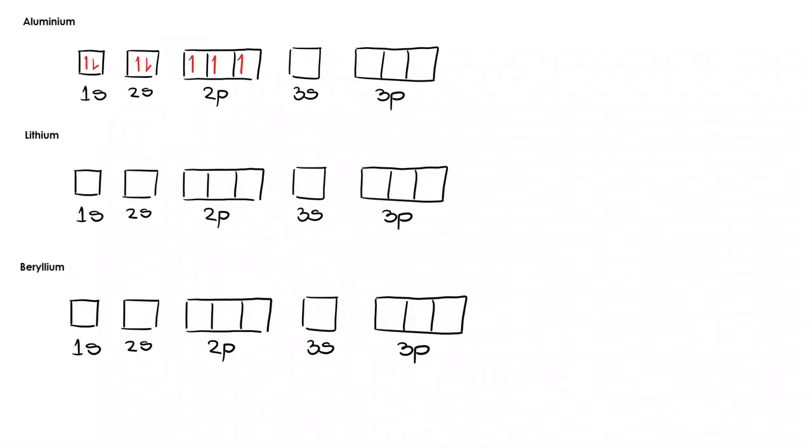And I'm going to put the first example up. So aluminium, I've got 2 electrons going into 1s, 2 electrons going into 2s. My next 3 electrons each take 1 orbital apiece, just like each person would take a double seat each on the bus.